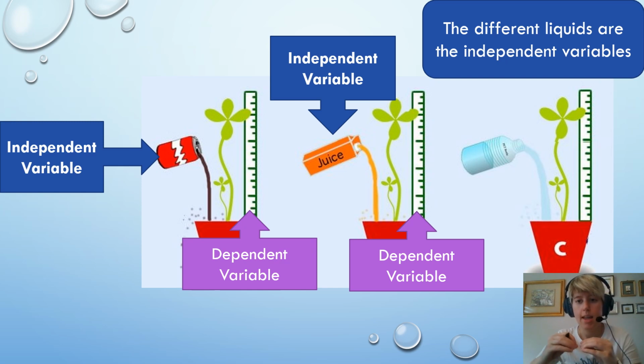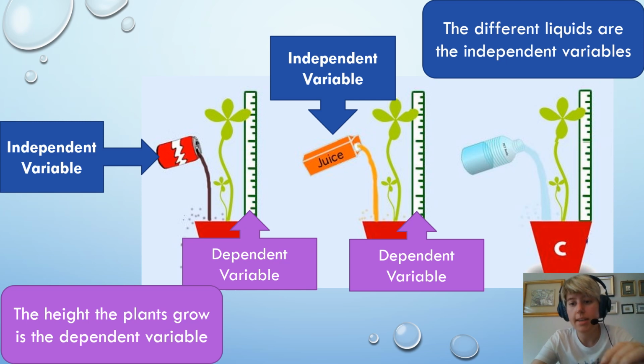If the liquid has a positive effect on the plant's growth, the plant will grow tall. If it has a negative effect on the plant's health, the plant won't grow, or will grow very short compared to the control.